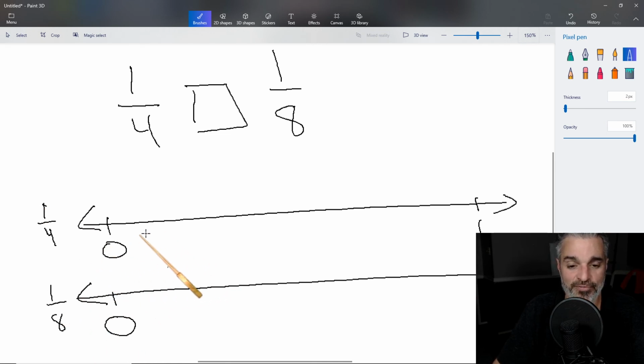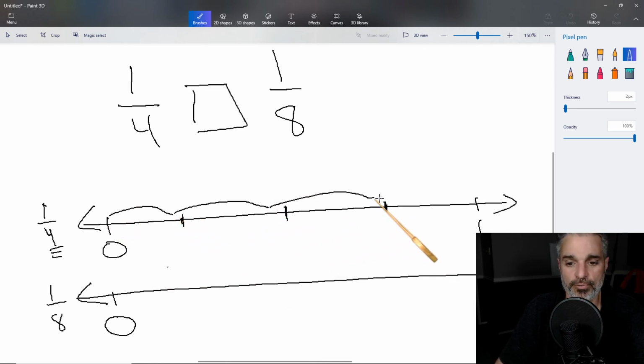So if you're drawing 1/4, or if you're representing 1/4, you need 4 equal parts. Okay, so because it's 4 equal parts, we already know that if I split this in two, we have 2 equal parts, and if I split this one in two and this one in two, we have 1, 2, 3, and 4 equal parts. So 1/4 would be here. This is 1/4. Now the next one, 1/8, I know that I need 8 equal parts.